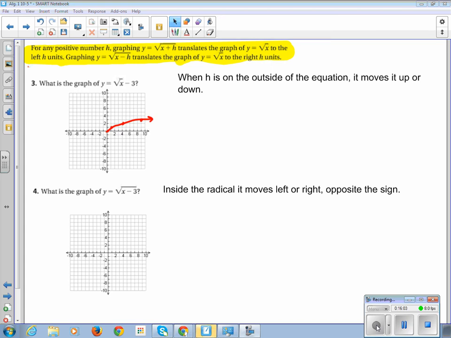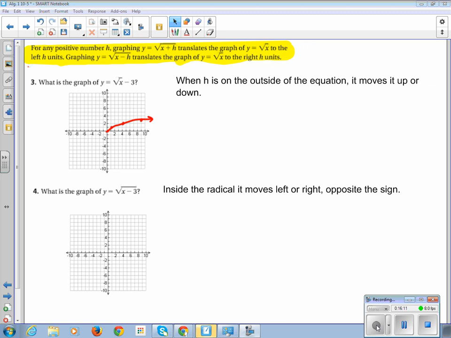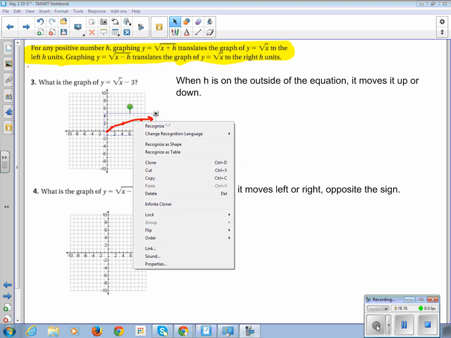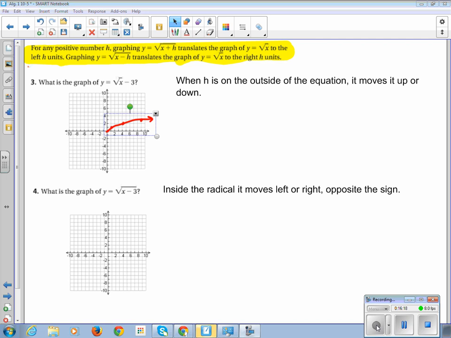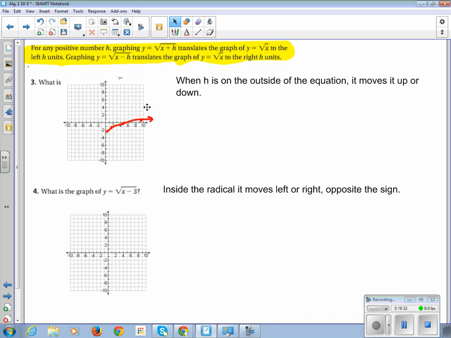Now, when we follow this rule right here, when h is on the outside, it moves it up or down. So I'm looking here, I have minus 3. So it's going to take this entire parent function and move it down, because it's negative, it's going to move it down 3 units.